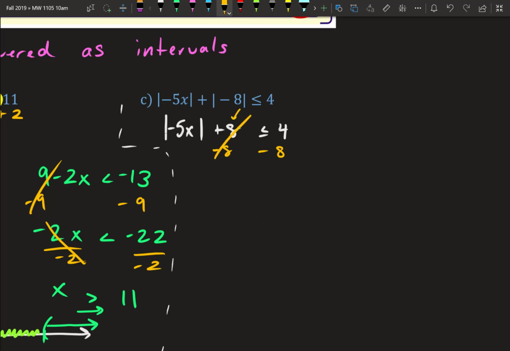So we take that out and we're left with the absolute value of -5x is less than or equal to 4. It's a negative, my bad. It's a -4. Absolute values. Let's think about that.